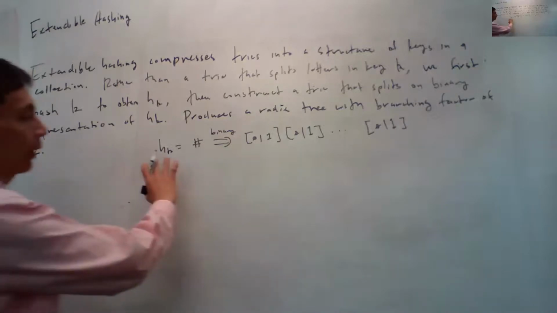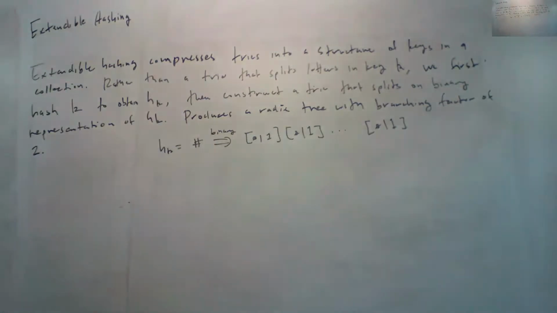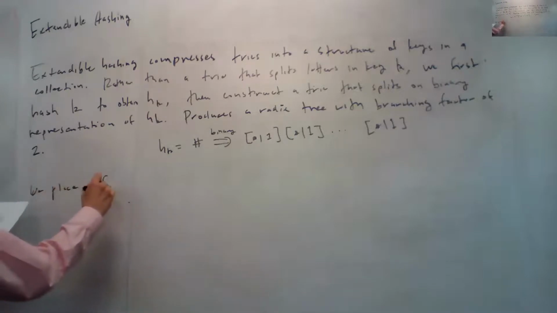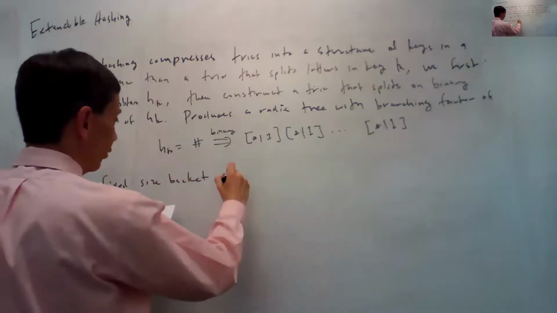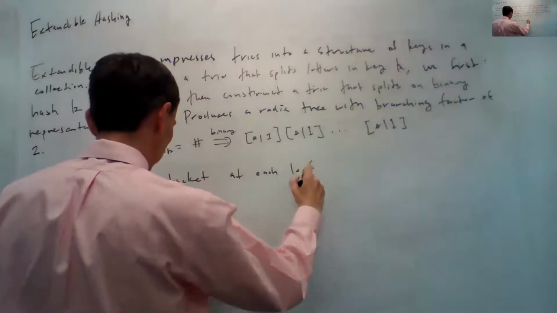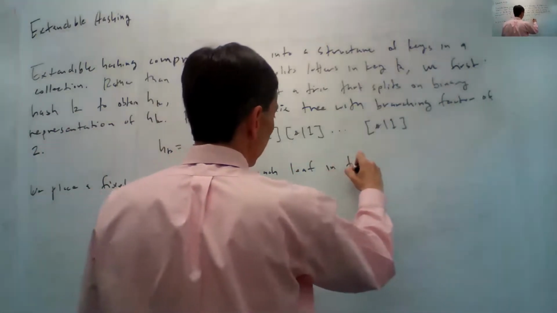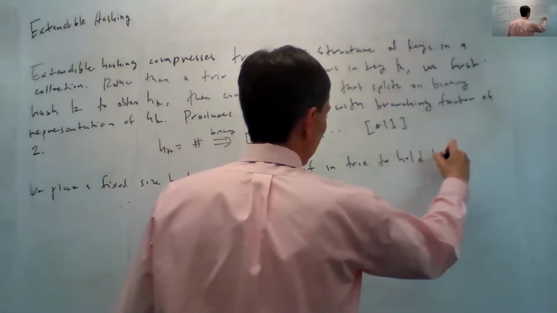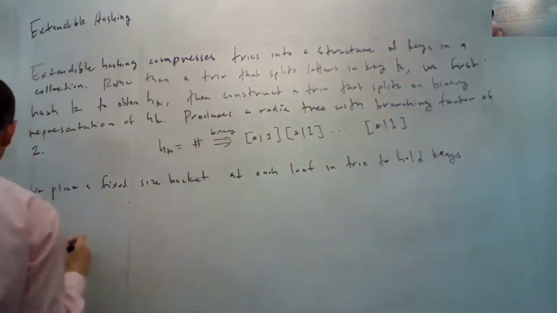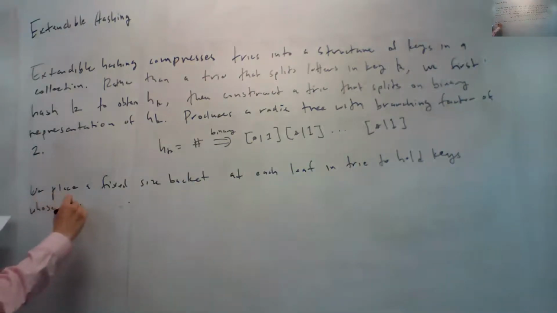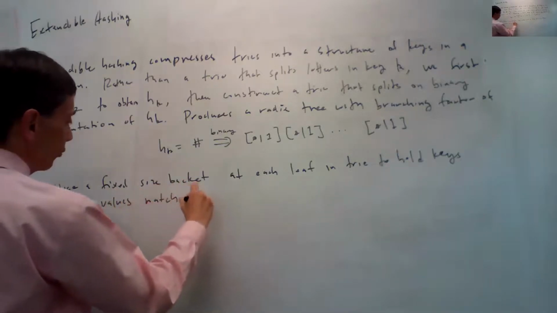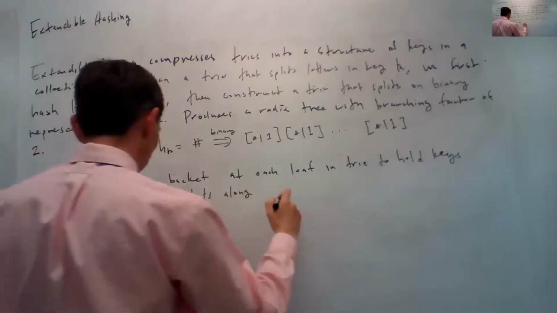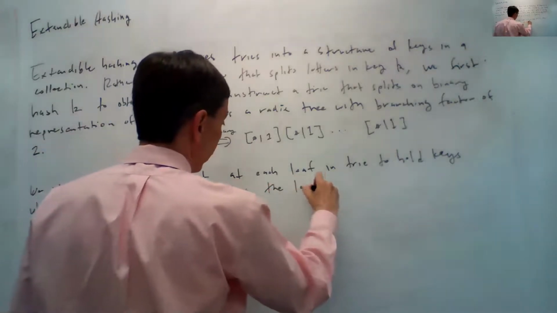And there's another nice thing about the fact that we have a branching factor of 2. Now we can place a fixed size bucket at each leaf in the trie to hold keys whose hash values match the bits along the leaf's path.